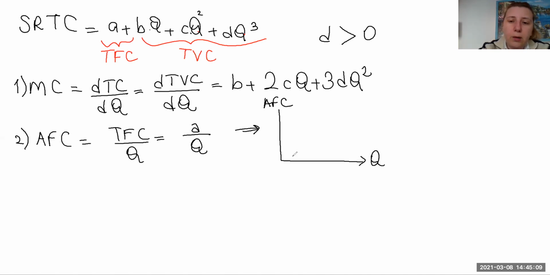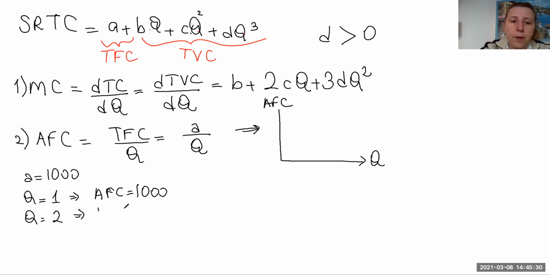But here, when Q increases, suppose that A was 1,000 in our example before. If Q is 1, then average fixed cost is 1,000 over 1, which is 1,000. If Q is 2, then average fixed cost is 500. If Q is 3, then it is 333, etc. If it is 4, this will be 250.